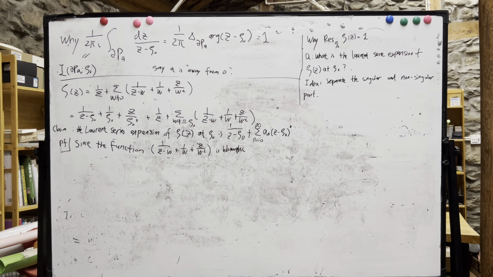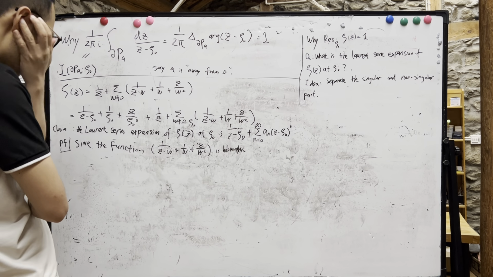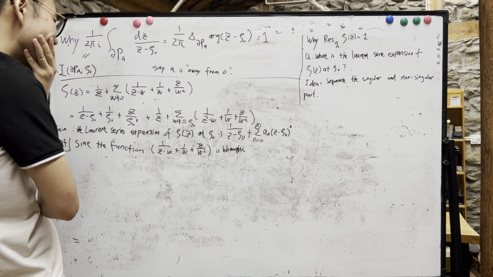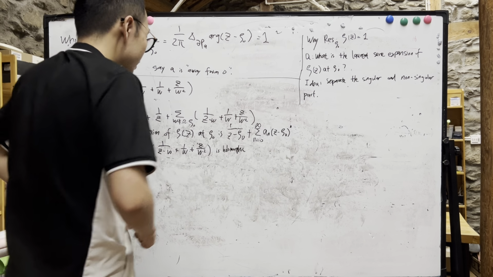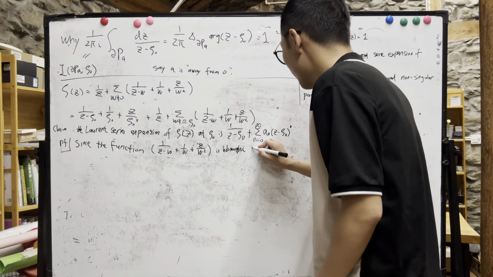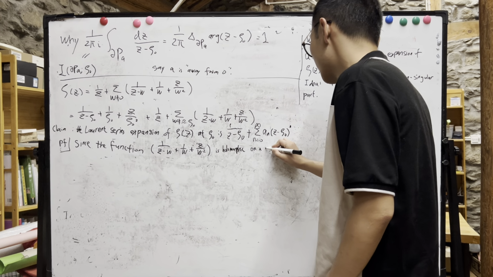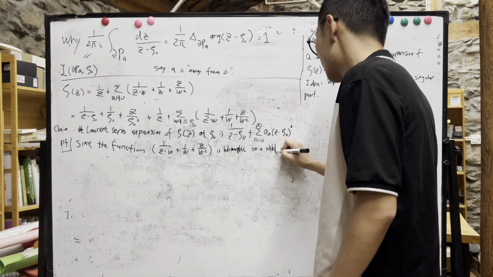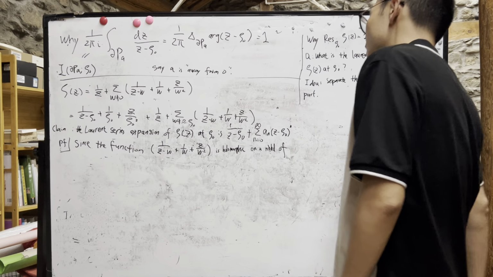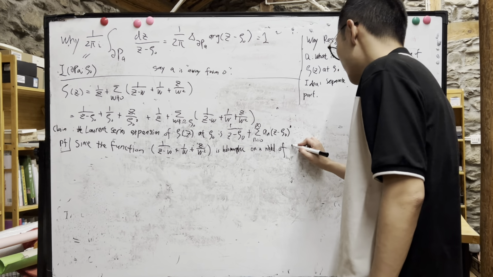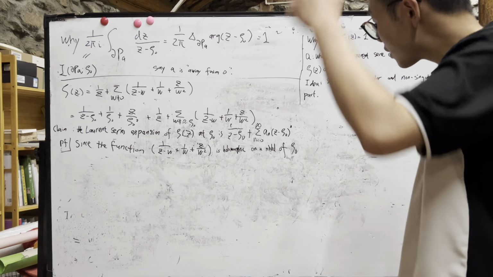My goal is to conclude that it's holomorphic on a neighborhood of zeta naught, right?